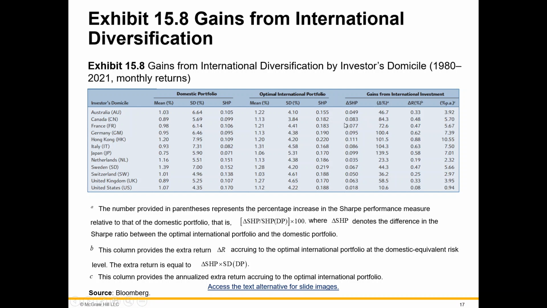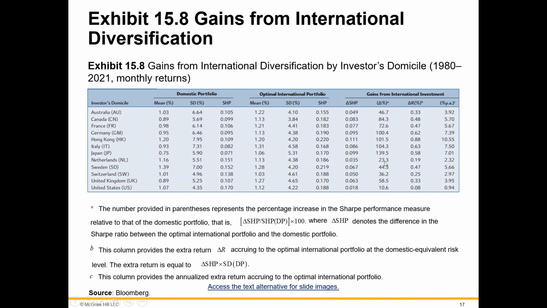So where are the biggest improvements? That would be the biggest Sharpe ratio. So Hong Kong, very large improvement. United States, small but significant, right? But in general, on average, you get an improvement in Sharpe ratio of at least 0.05, and when Sharpe ratios tend to be 0.1, that's a 50% increase in the Sharpe ratio or more.